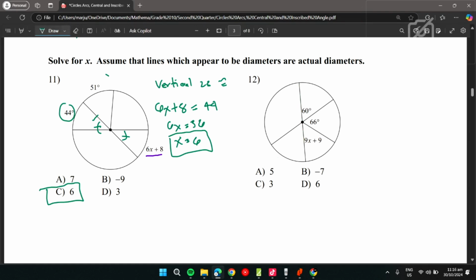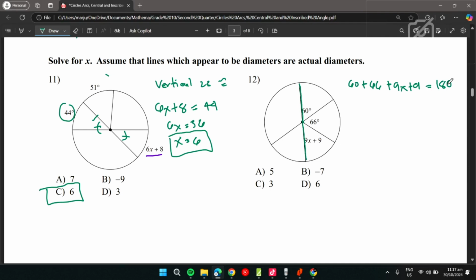Now, if you're going to look at our illustration again, this is a straight angle, right? A straight angle. Alright? It's a straight angle. And yung straight angle is equal to 180, right? That's equal to 180. So, meaning to say, ang sum nitong 60 plus 66 plus 9x plus 9, i-add mo yung lahat, it should give you 180 degrees.